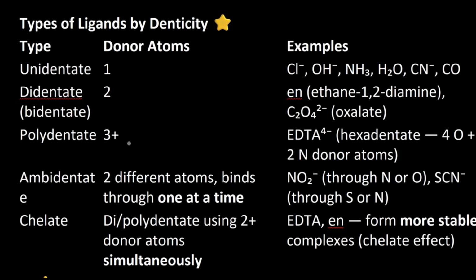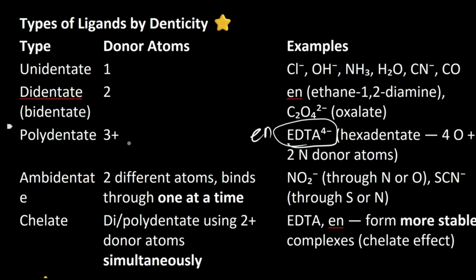Then what are the types of ligands and denticity? Unidentate means only one negative charge, so only one pair of electrons is donated. Didentate, or bidentate, means two sets of electrons. Polydentate means more than 3. Particularly concentrate on EDTA, en, and other compounds like that.